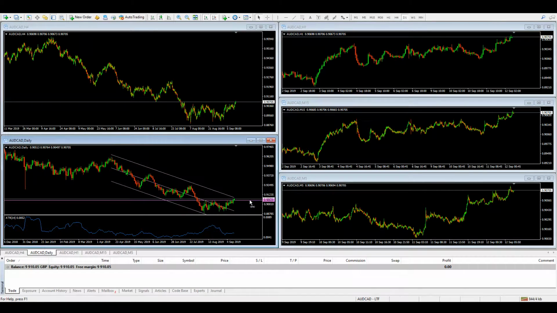Just a quick overview of the strategy. This is a trend-based strategy based on time frame correlation and price action. Firstly, we've got the daily, which is the first chart that we always look at to find value for money, to see if the price is overbought or oversold. We deem that in a downtrend, which we identify by seeing lower lows and lower highs in the price action.